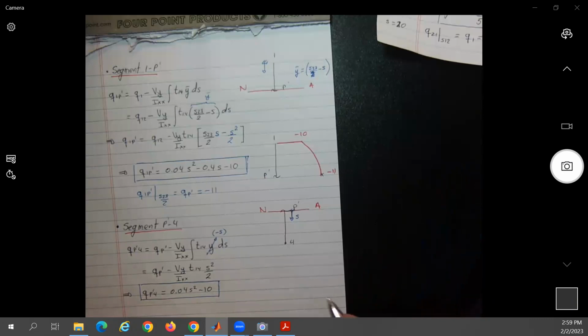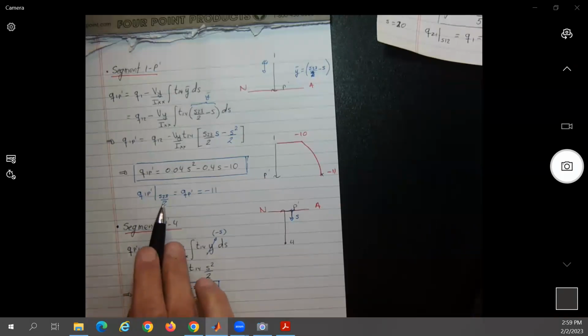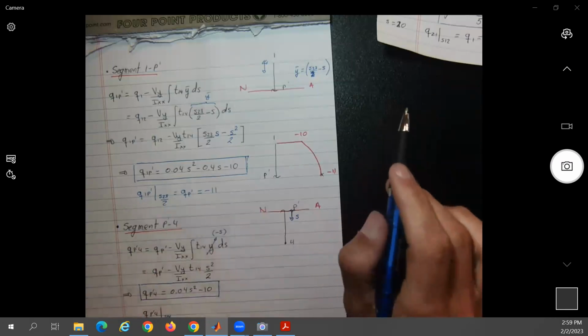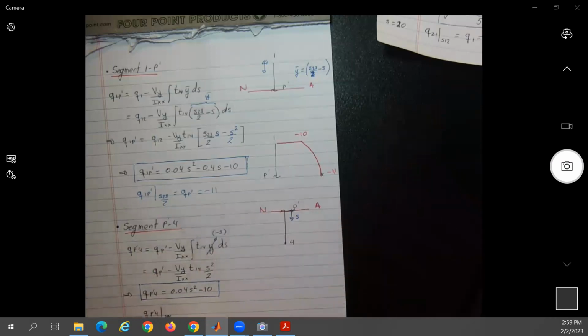Okay, and let's see now if what we did is correct, what should we get at Q4? So let's say Q P prime 4 at S14 divided by 2. Oops, why did I put here S23? But be careful here. This should be the height, so 1. Oh, it's the same thing. So S23 divided by 2 is fine.